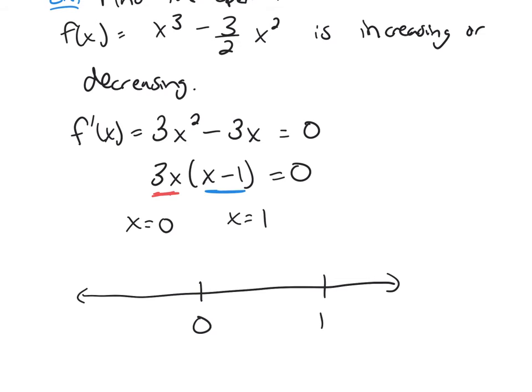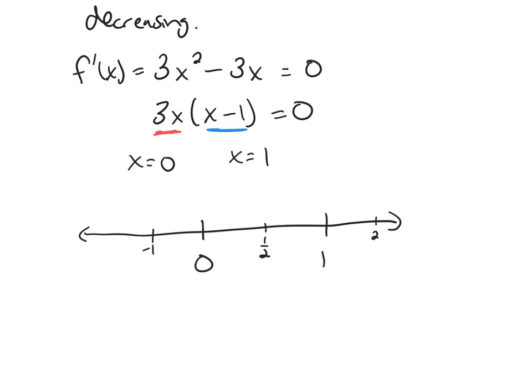Let's pick a number smaller than 0, so maybe -1. Pick a number between 0 and 1, let's go with 1/2. A number bigger than 1, let's go for the number 2. And we're going to plug these into our derivative, using the factored form of our derivative, and see, is it positive or is it negative?